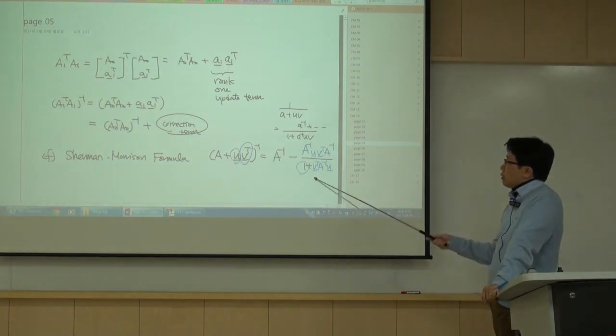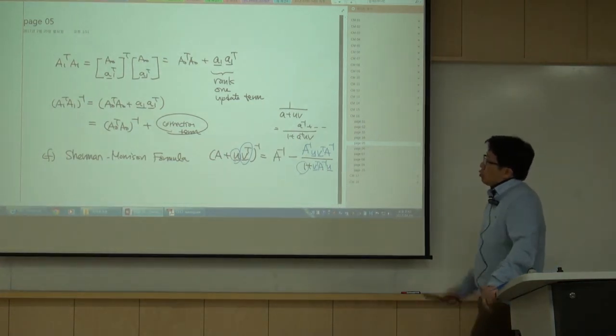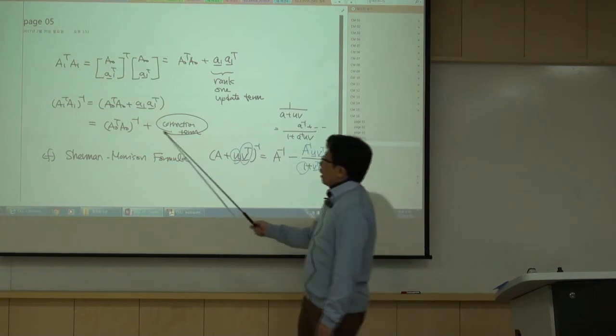This is the Sherman-Morrison formula. So we apply this result to have this correction term.